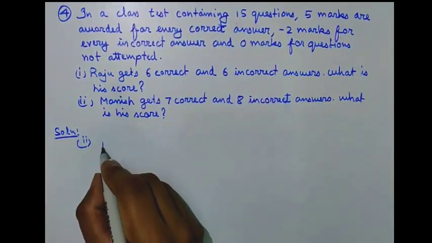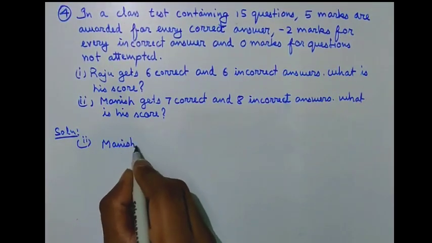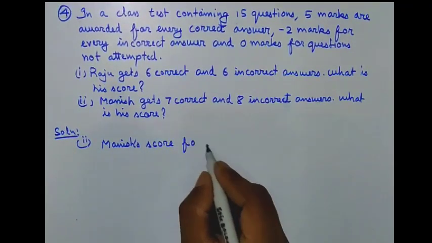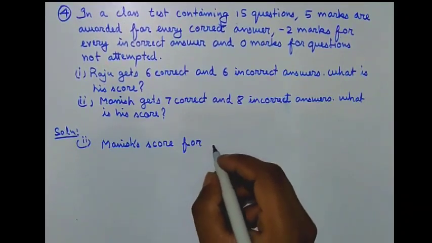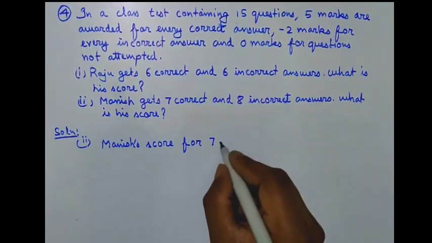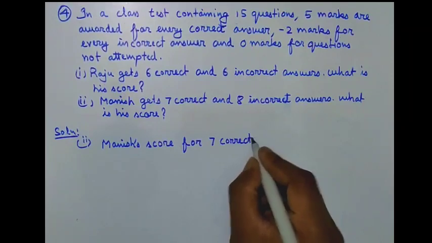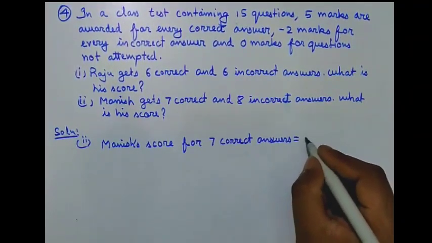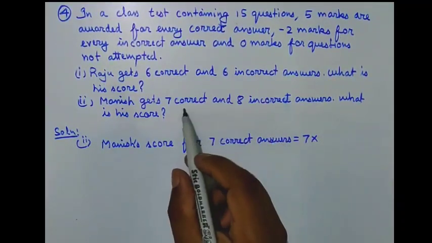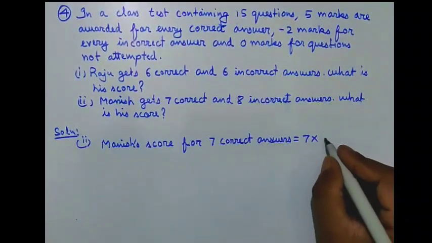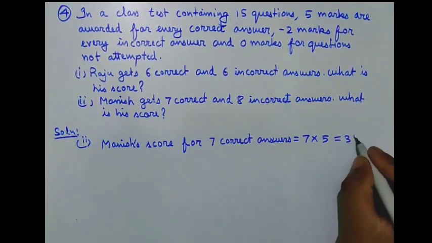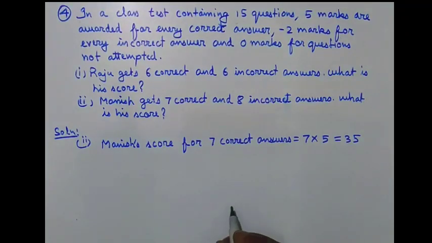Manish's score for 7 correct answers will be equal to 7 times what is the score for each correct answer? 5 marks. So 7 times 5 gives us 35 marks.